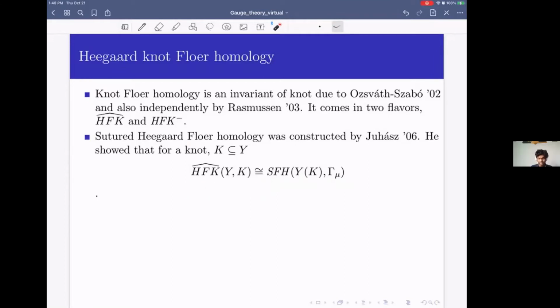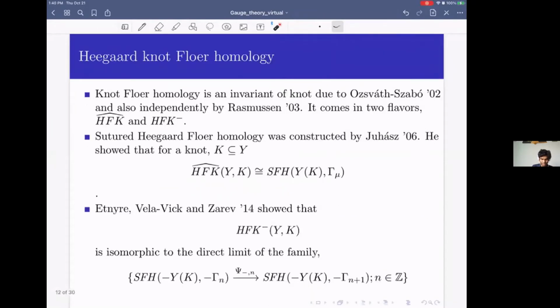There is also a relationship between the minus version and sutured Floer homology, but this is a bit more subtle. This was shown by Etnyre, Vela-Vick, and Zarev. What they showed was, if you consider the infinite family of sutured manifolds we just saw earlier with respect to the negative orientations, then between any two members of the family there are two bypasses.